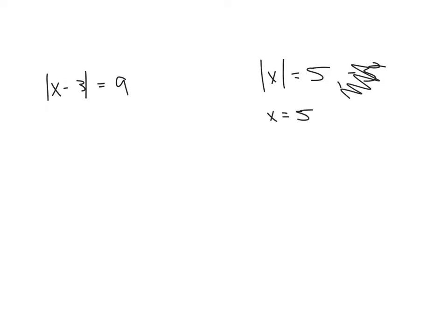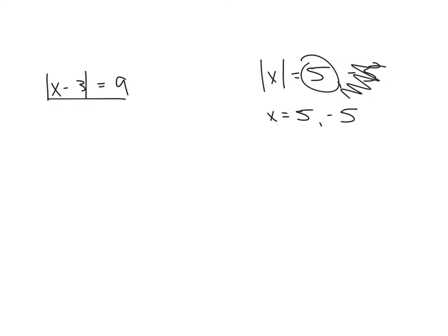So if you look at example number 6, we've got the absolute value of x minus 3 equals 9. Now if we follow that rule, that the absolute value of x is 5, then x equals 5 or -5, which means the positive or negative of our right-hand side. The same is going to be true here.